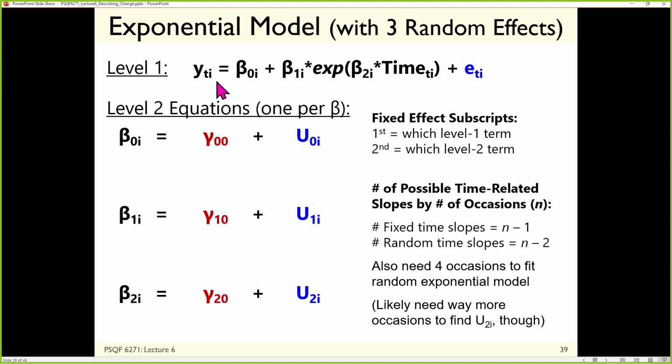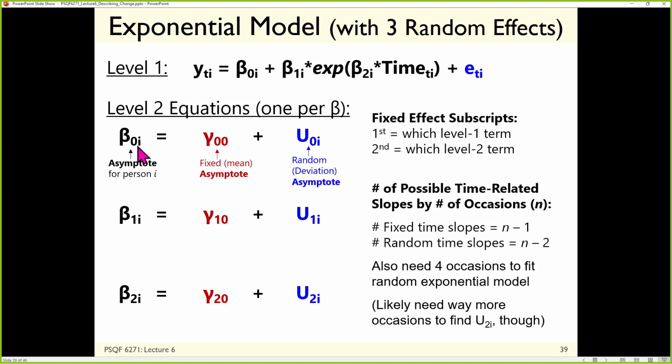Level 1 looks a bit different than usual because of this e to the beta 2 times time. So this version of the model, beta 0 is not the intercept. It's an asymptote. So what is the eventual best level of performance they get to is beta 0. And then the rest of the model gets us back up to where we started.